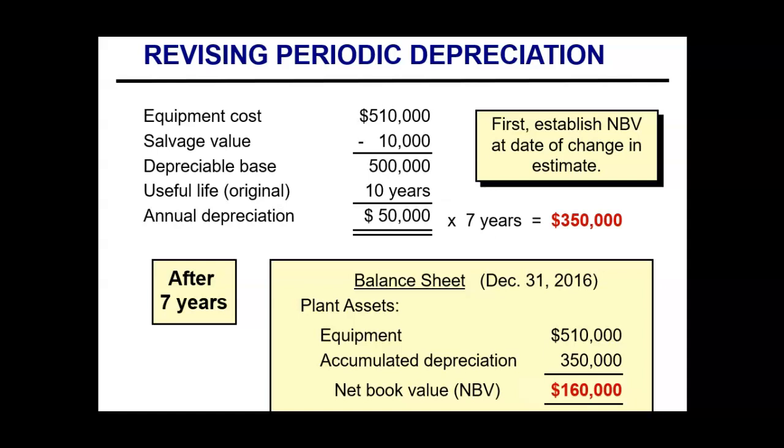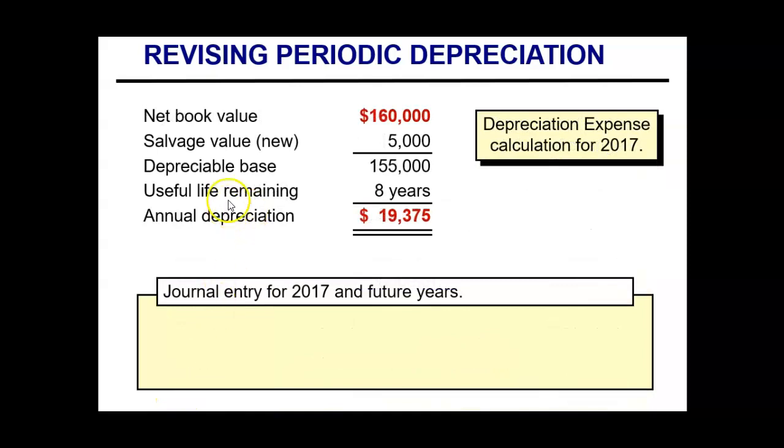So the 2016 ending book value becomes the 2017 beginning book value. So for 2017, we take our net book value less our new salvage value of $5,000. So now our new depreciable base will be $155,000.